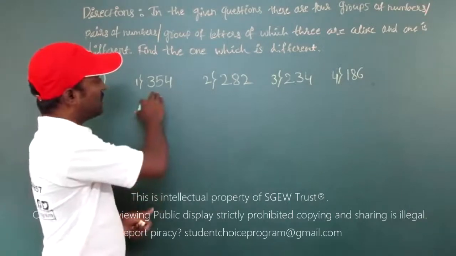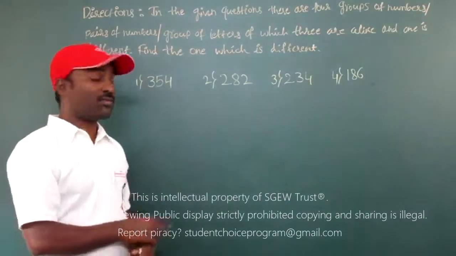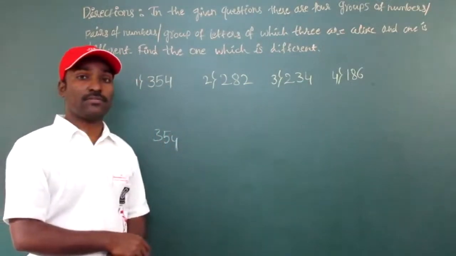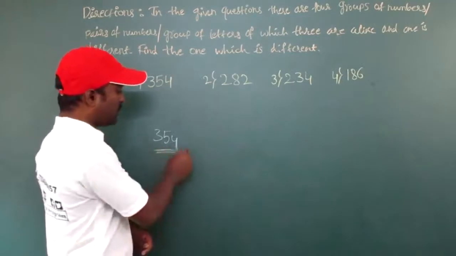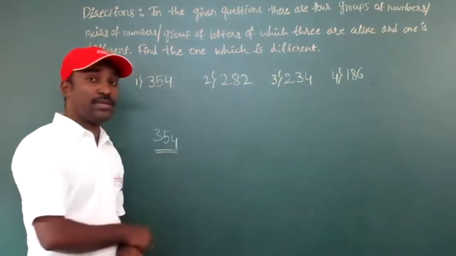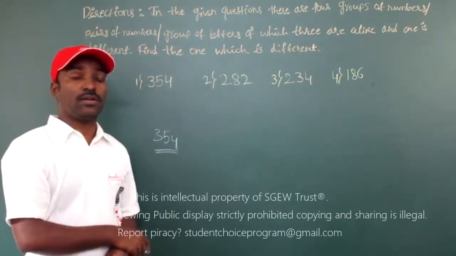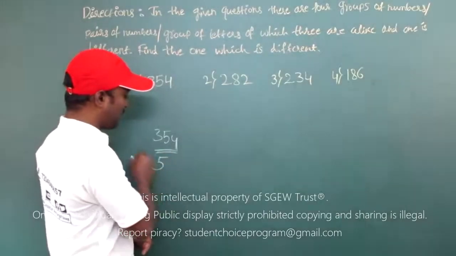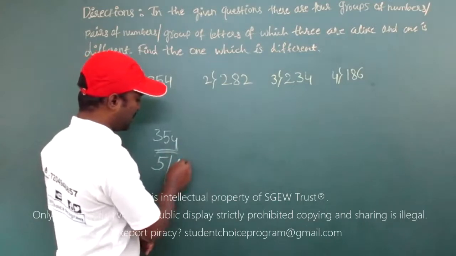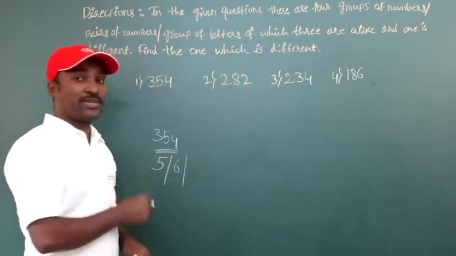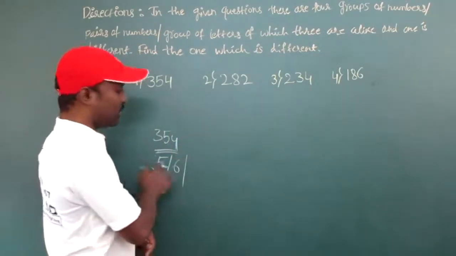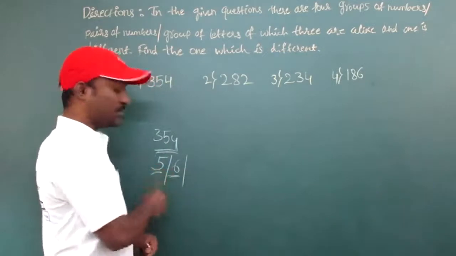So 354, is it a perfect square number? Or is it a prime number, or is it a number which can be divided by a particular number, like if it is divisible by 5, or it can be divisible by 6, or by some special numbers, and all the 3 alike numbers can be divisible by numbers like 5 or 6.